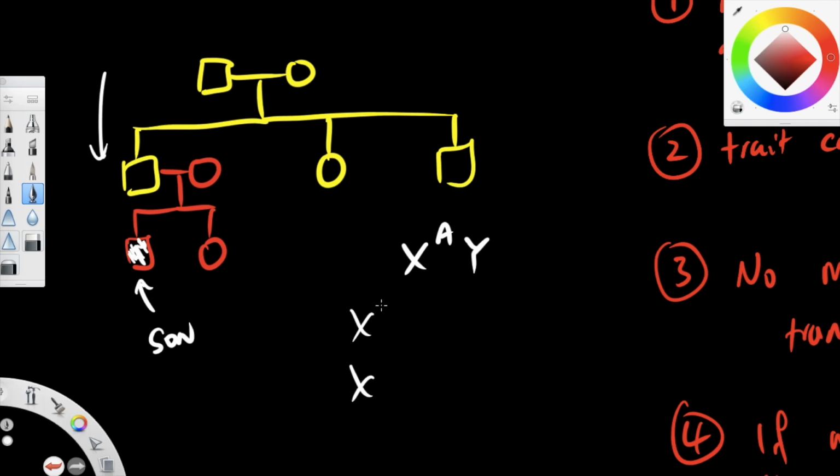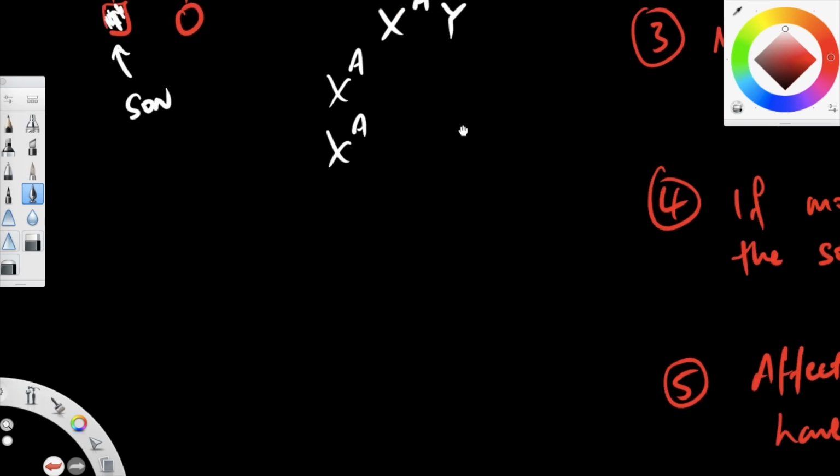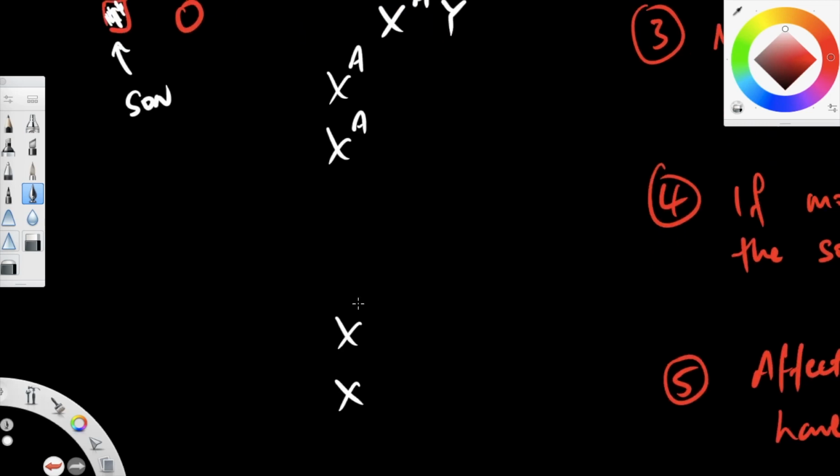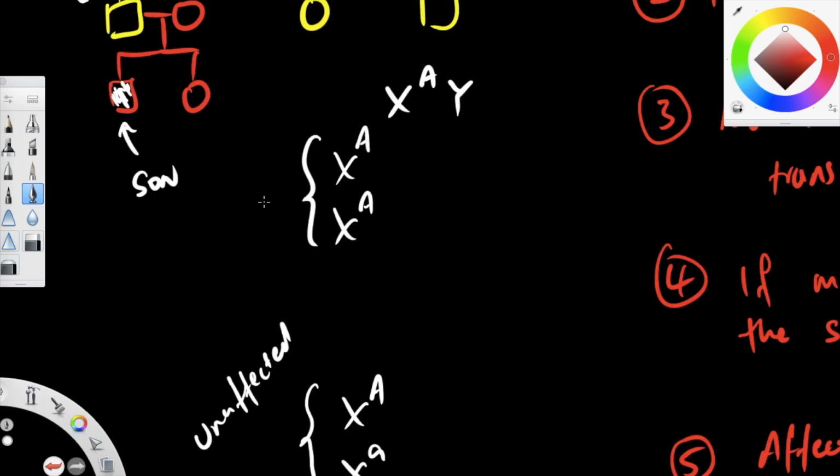Whereas in the mother's case, the mother's unaffected, therefore she can have 2 genotypes, right? Capital A, capital A, or she can also have the genotype combination capital A, little a, right? She will be unaffected in this case, and in the above scenario, she would also be unaffected. And the father would also be unaffected.